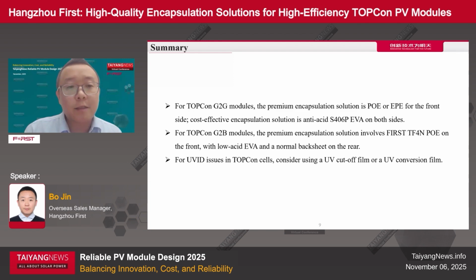For glass backsheet TOPCon modules, we suggest to use special POE TF4N on the front side, a normal backsheet can be used, and on the back side either white EVA or low acid EVA can be used. And for the UVID issues, we suggest either to use UV cutoff film or UV conversion film on the front side. Thank you.